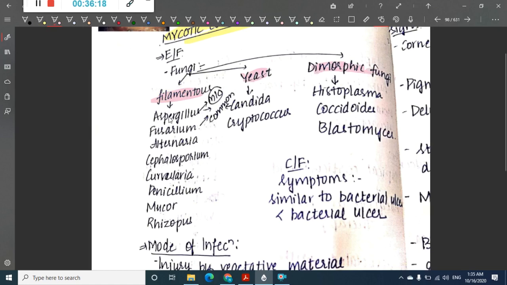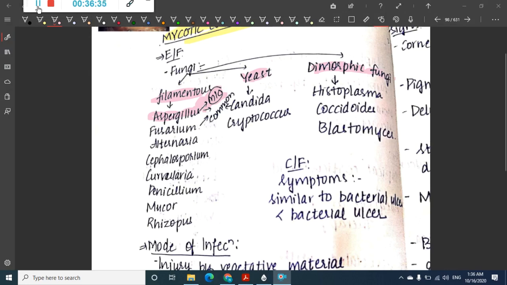It occurs due to filamentous fungi. The most common cause of mycotic corneal ulcer is Aspergillus.